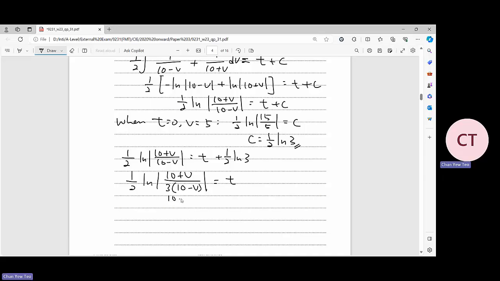Then bring the half to the other side, you get 2t. Bring the ln to the other side, you get e power 2t. So this one will be 3 of 10 minus v. Now, however, we know that whenever we have an exponent answer in terms of t, usually we want the negative power.